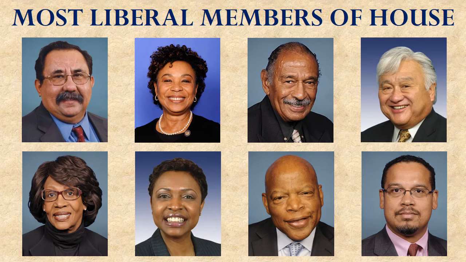And this is the result you get when you create these majority-minority districts. Yes, you do get people from minority groups elected to Congress, but they tend to be extremely democratic, extremely liberal. And on the other side, the people in the districts around them tend to be more extremely conservative, more extremely Republican. And as I said, it makes it more difficult for the members of Congress to get along and get things done.